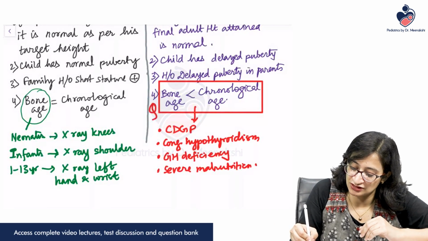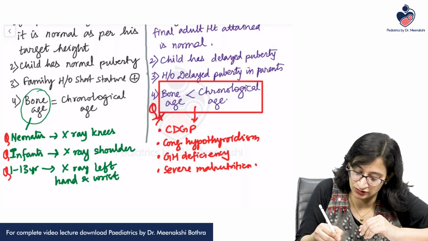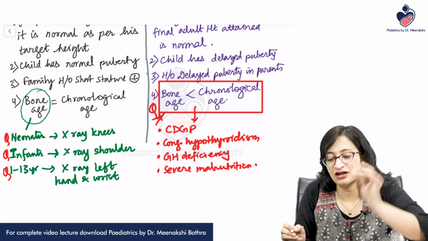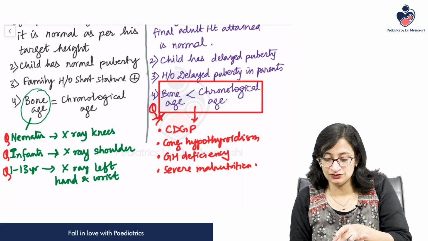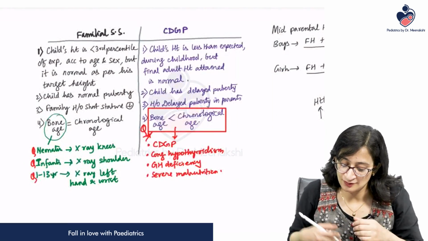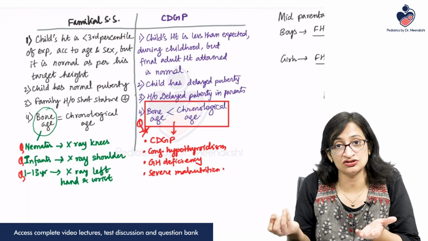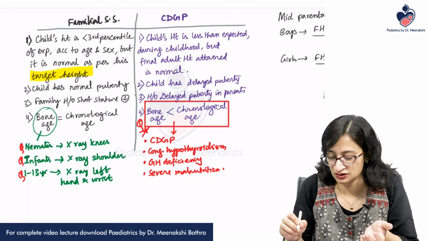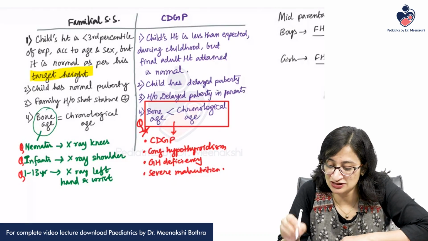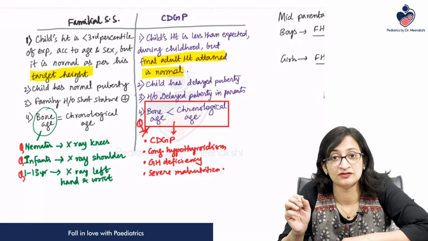So these are some very important pieces of information that we need to know about the bone age, and about familial short stature and CDGP. Just to recapitulate, in familial short stature both the parents are short, so the child is also short. The child's height is normal as per the target height. While in CDGP, the child's height is less than expected, but the final adult height attained is normal.